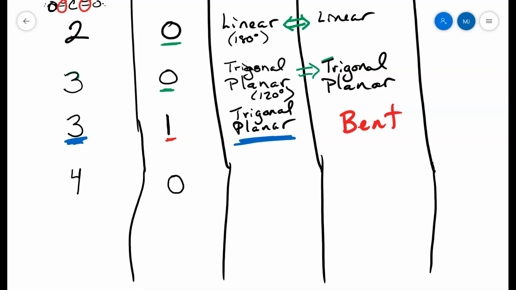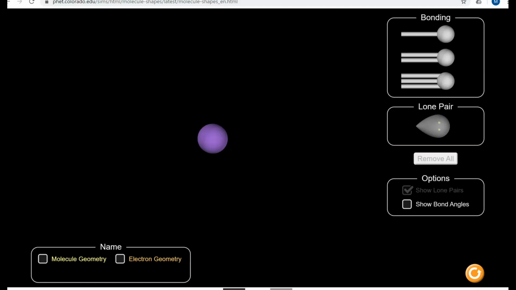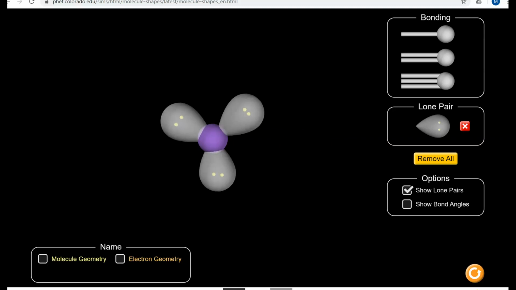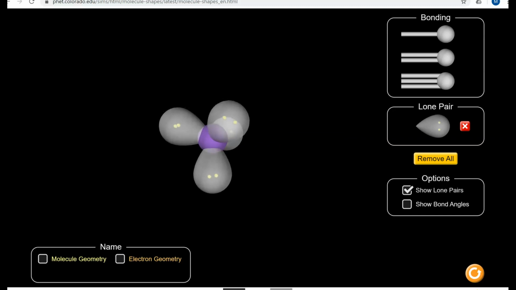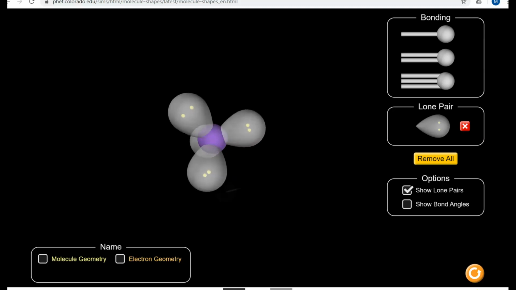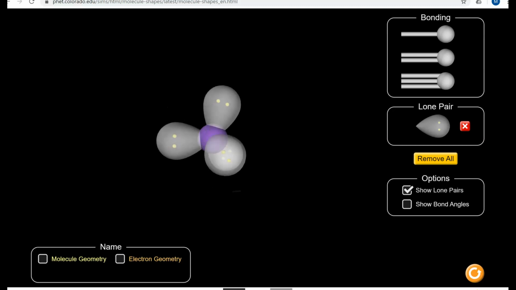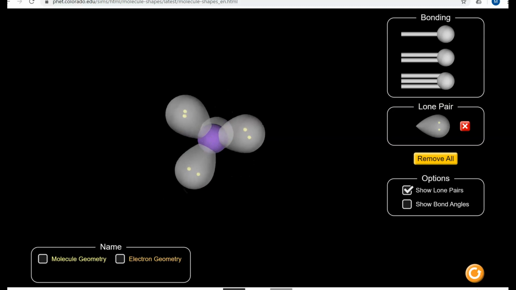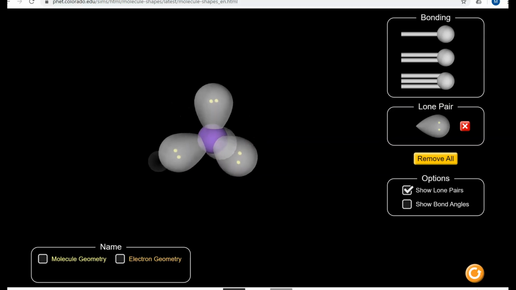All right, what does 4 regions around the central atom look like? 1, 2, 3, and we're going to add a 4th in. Now let's spin this around a little bit, trying to get the right angle.